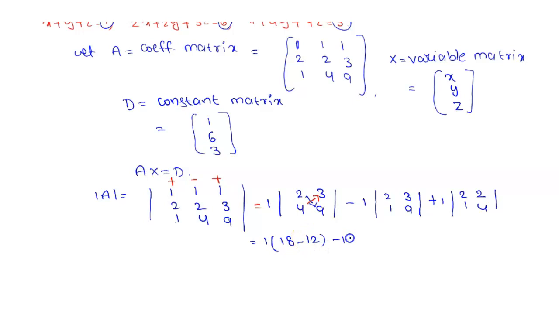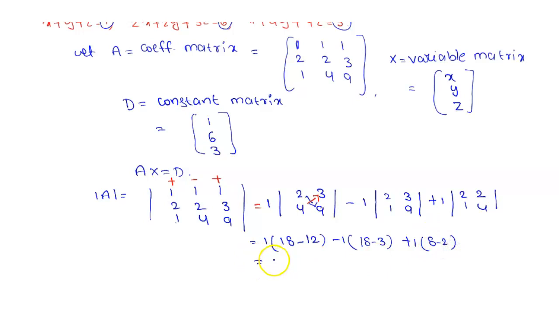Next, minus 1 into, same thing, 2 9s are 18 minus 3. Next, plus 1 into, 2 4s are 8 minus 2.